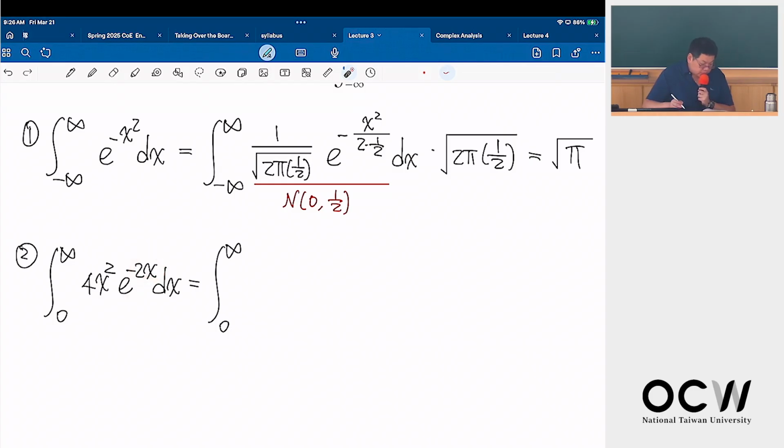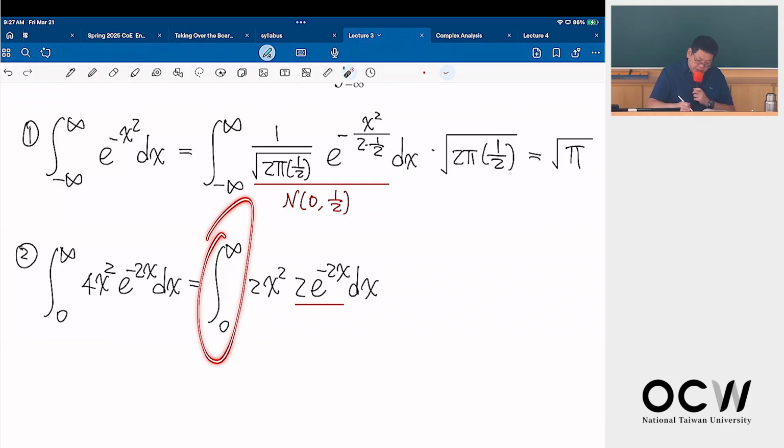So let's just rearrange this as 2x squared times 2 times e to the minus 2x dx. Right, so what is this term? 2 times e to the minus 2x, and I do the integration from 0 to infinity.